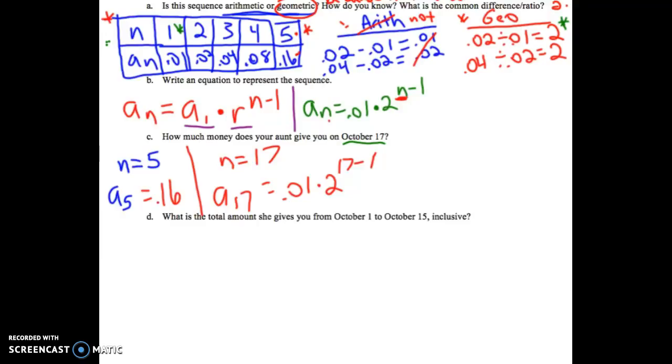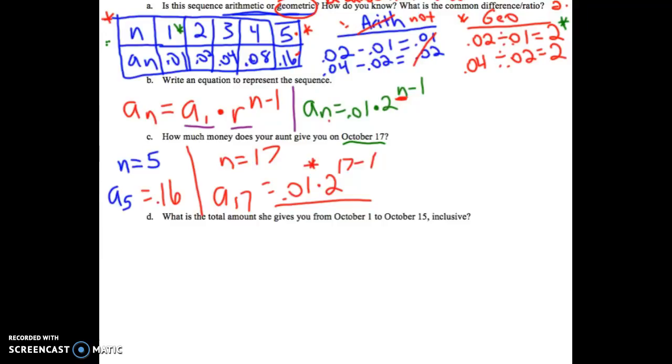Alright, now we just do that math to find how much money you're going to get on the 17th day. 0.01 times 2 raised to the 17 minus 1. Just to double check something. Yep, you can put this right here exactly as you see it into your calculator.